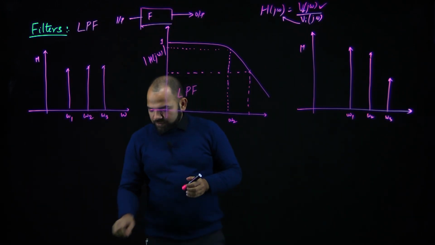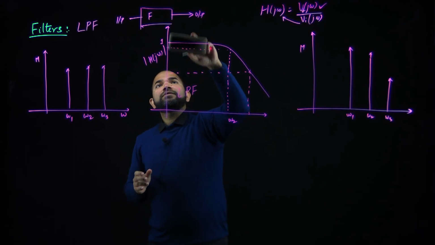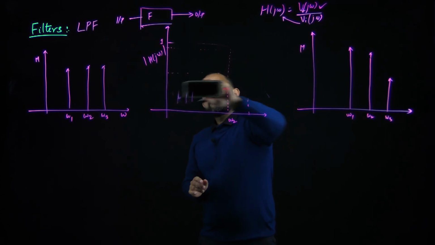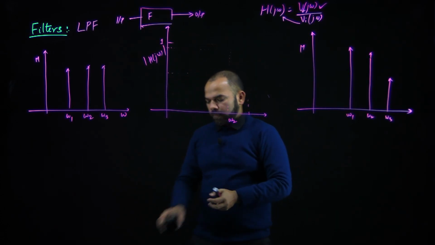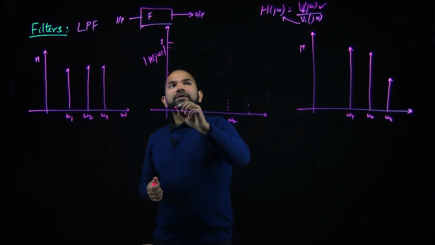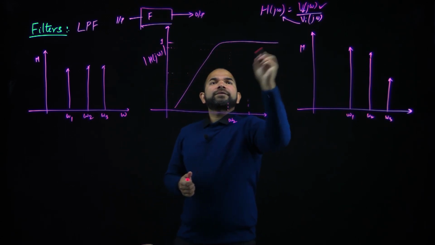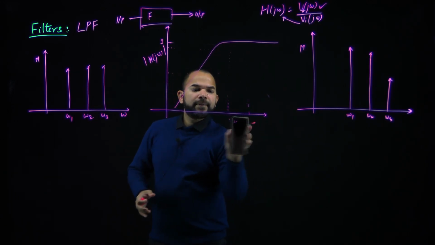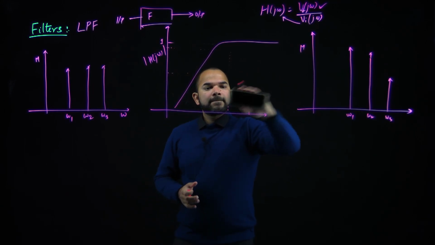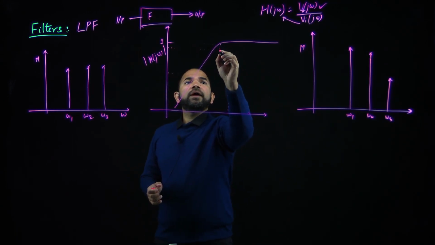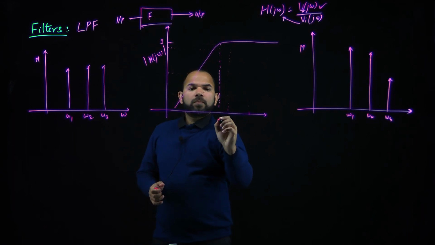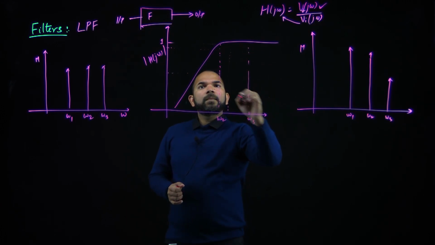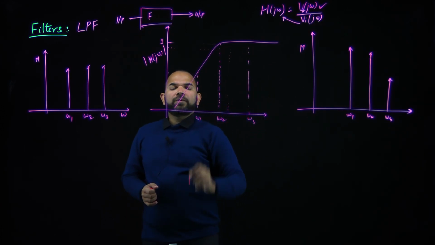If we somehow change this transfer function a little bit, like that, and say this transfer function is somewhat like this, and this is our frequencies, and we define this as omega 2 and this is omega 3 and here is omega 1.